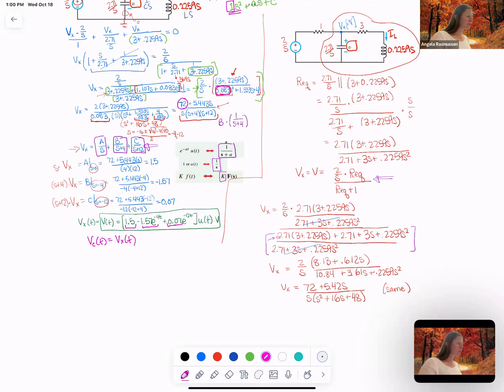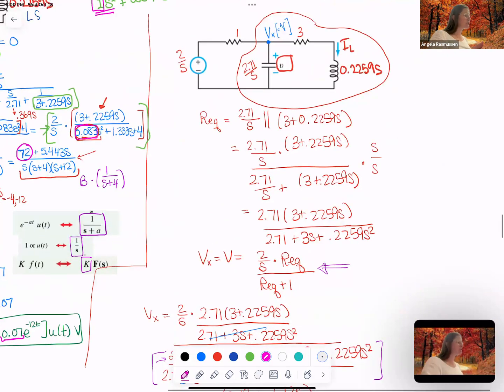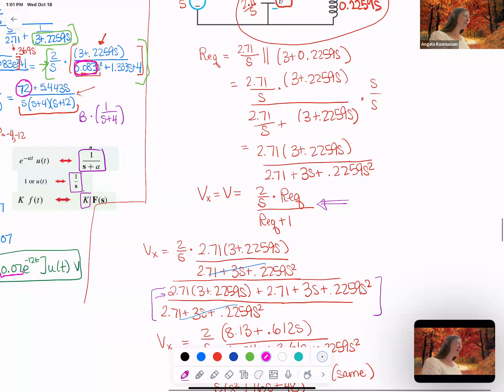So I'll post these notes. You could do this another way where you combine all 3 of those resistances. Again, you can treat these just like resistor values. So you could combine this as 3 plus LS in parallel with that capacitor. And if that's the case, you get an R equivalent.